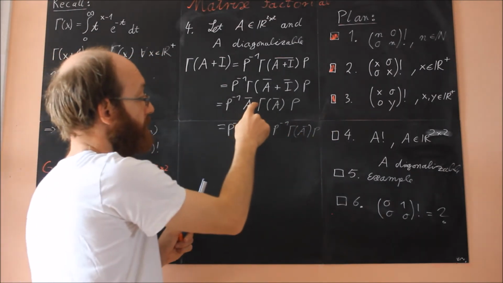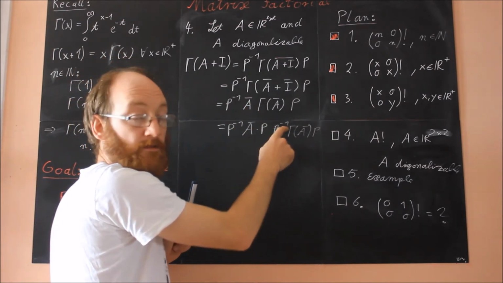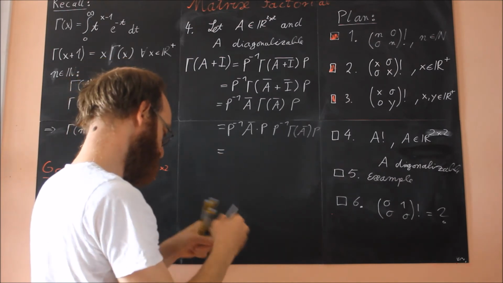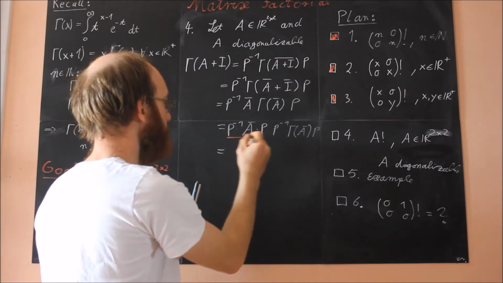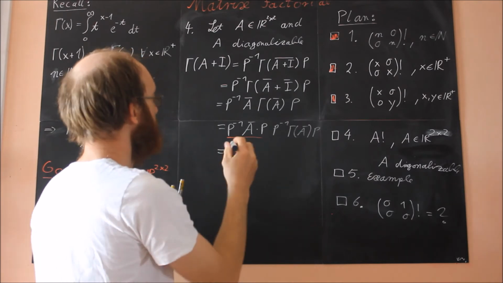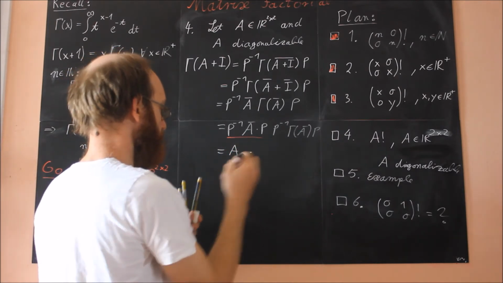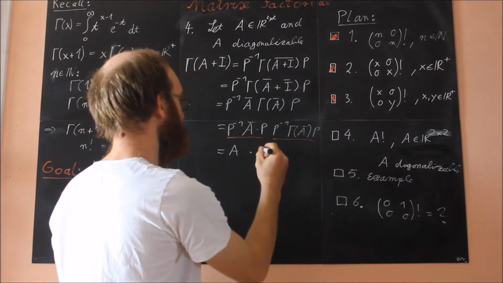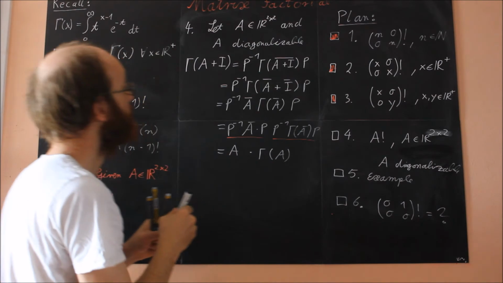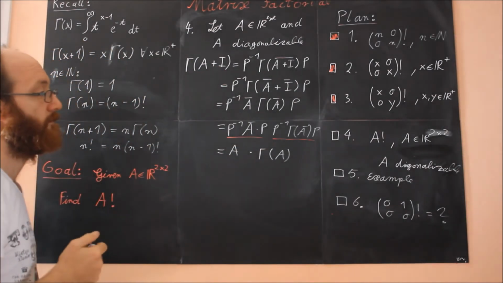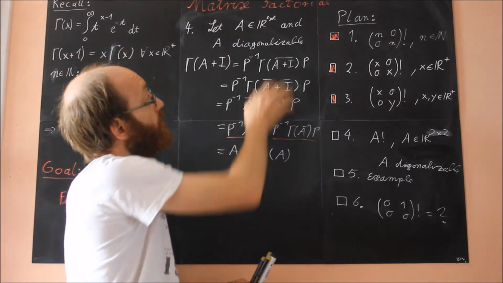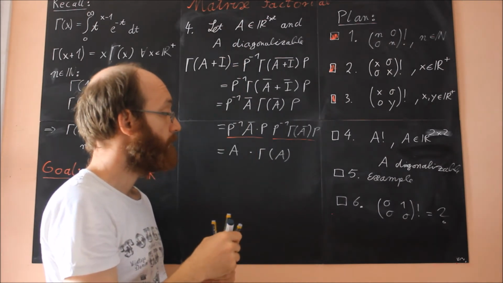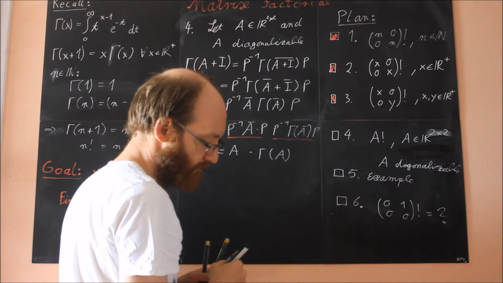Alright, so here we put up P times P inverse, and therefore the first part is A, and the second part is gamma of A, and therefore we have what we want. We have our recurrence relation also for arbitrary matrices. Yeah, and therefore we can make sense of the matrix factorial.